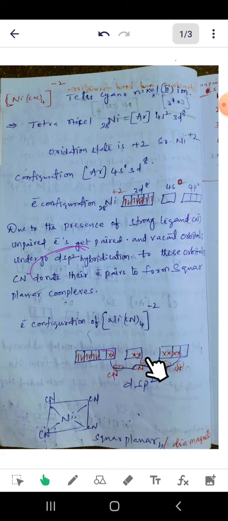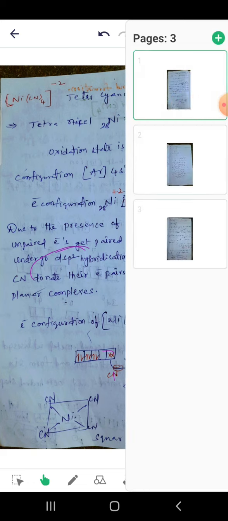This is the s orbital and p2 orbitals, dsp2 hybridization. The structure of this complex is square planar. With pairing of electrons, the nature is diamagnetic. So based on VBT theory, we can easily determine the hybridization, geometry, and magnetic nature of the complex. The magnetic nature we discuss based on the unpaired electrons.